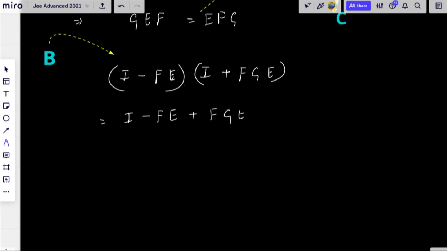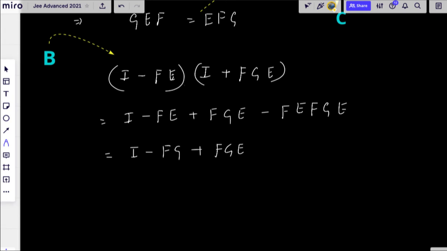Multiply this FGE and minus FE FGE, so FFGE, right? So we see here I minus FE plus FGE, minus FG minus FE.